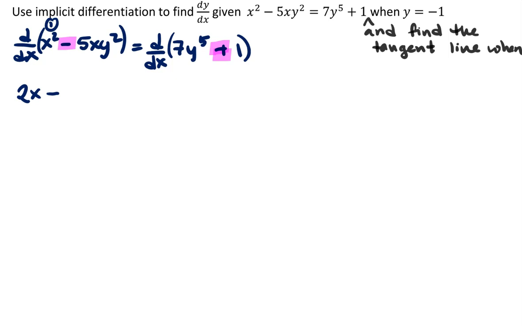After the minus sign, we have a 5xy squared. So let's think about that as 5x times y squared, and we'll use a product rule. So I want the y squared, the second, multiplied by the derivative of 5x, which is just 5, or if you're thinking chain rule every time, it would be 5 dx/dx.